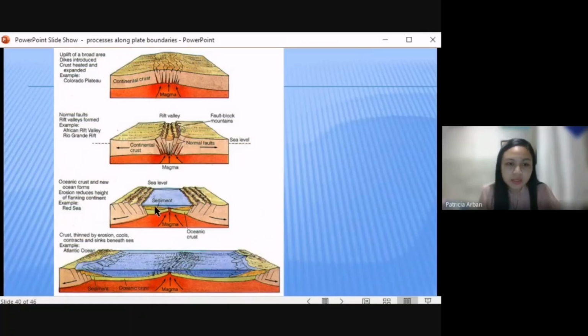May mga sediments na. And then the magma is continuously oozing up hanggang dun sa ating plate. Now this one, kanina or before, it is continental plate. But since it is sea already, it will start to form oceanic crust.